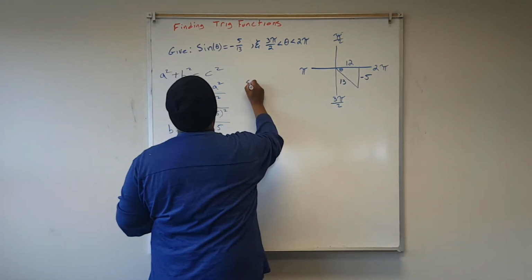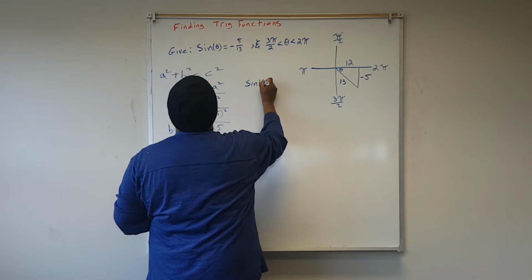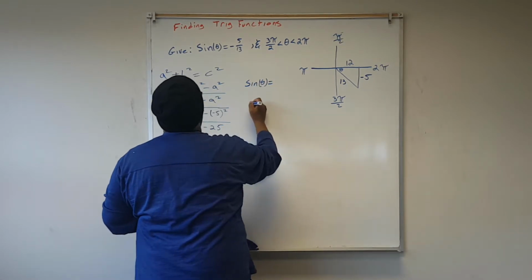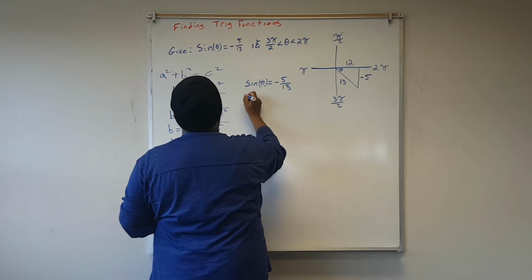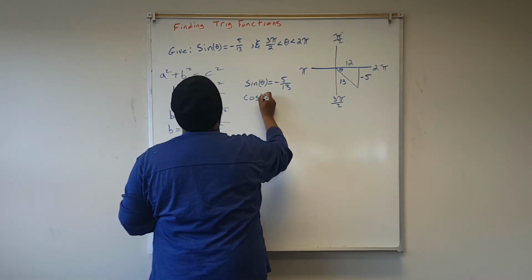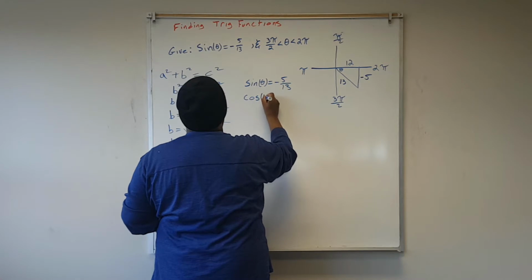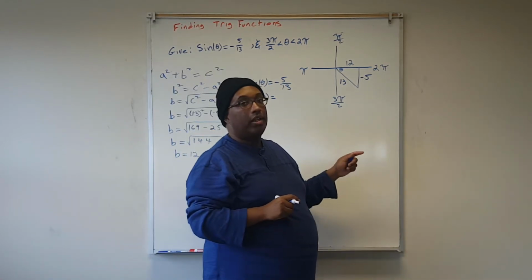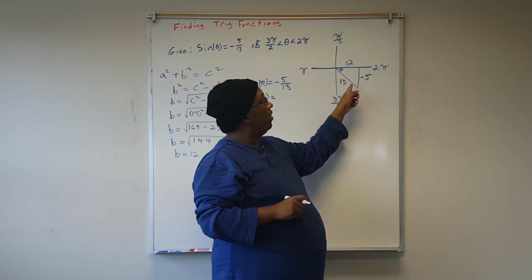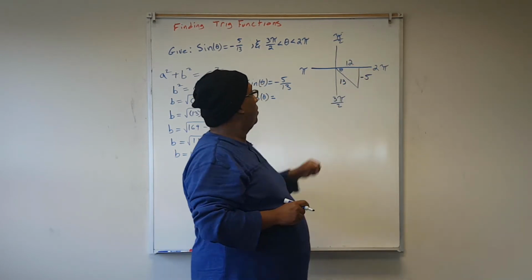So sine theta is given as negative 5/13. Cosine theta will be equal to, cosine is adjacent over hypotenuse, so that will be 12/13.